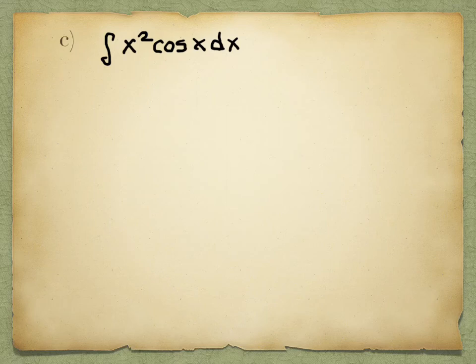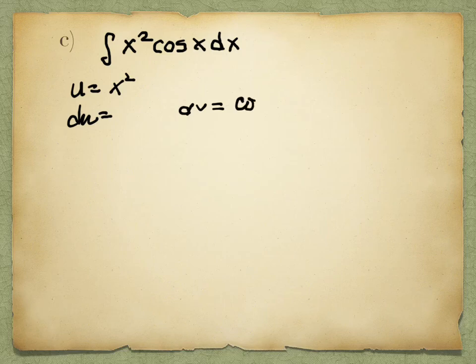All right? I'm going to have u equal to what? x squared. And I'm going to have dv equal to what? Cosine x dx.